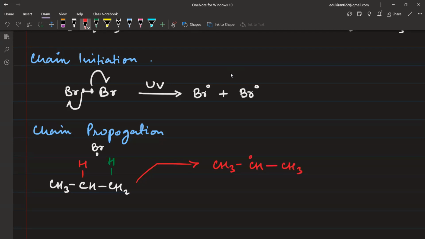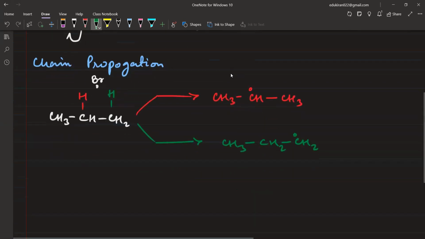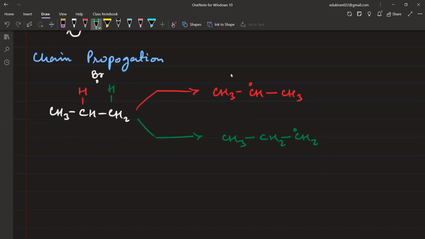If it attacks the green one, then you are going to get CH3, CH2, and CH2 free radical. Any doubt till here? Yes or no? Please tell me. No doubts, right? Both of these are going to give you HBr in both cases.